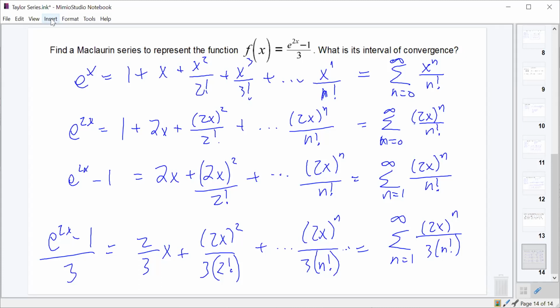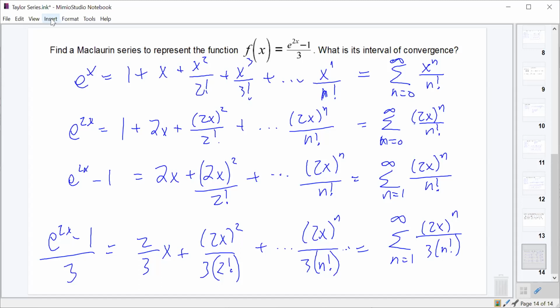The list includes 1 over 1 minus x, 1 over 1 plus x, inverse tangent, natural log 1 plus x, e to the x, sine x, and cosine x. There are 7 of them that I want you to for sure have memorized. Yeah, that sounds right. Okay, cool.